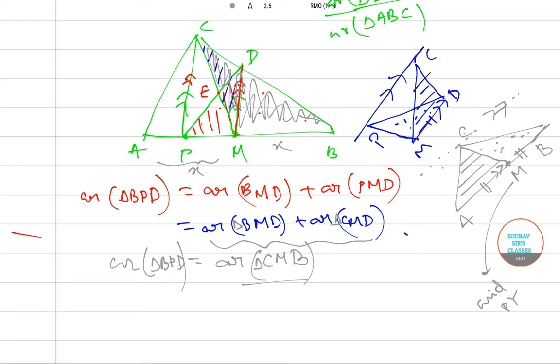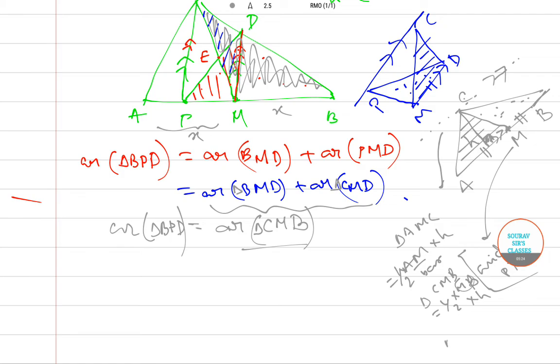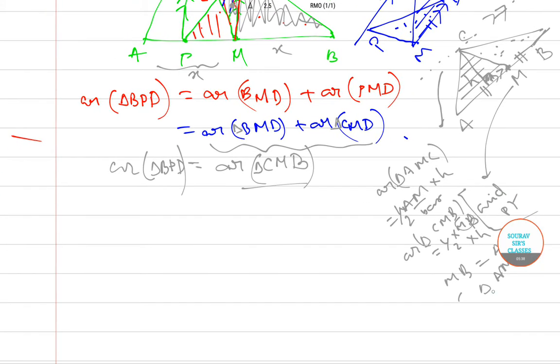both the triangles have a height H. So the area of triangle AMC will be half into base AM into height H, whereas the area of triangle CMB will be half into MB into H. Now, since MB equals AM, triangle AMC will have an area equal to triangle CMB.